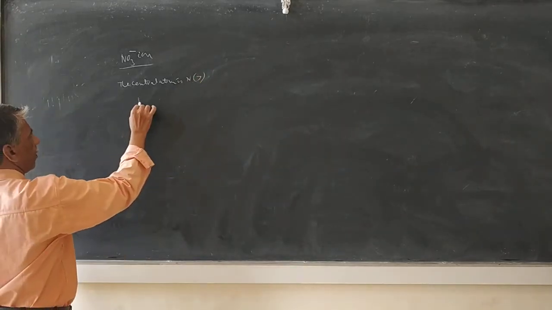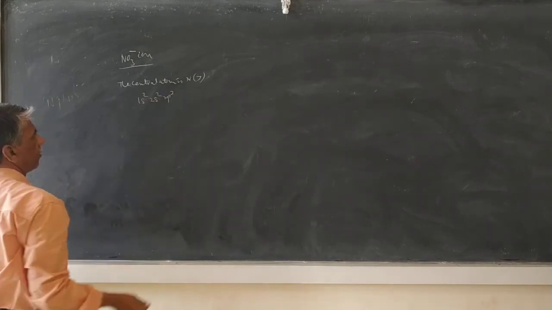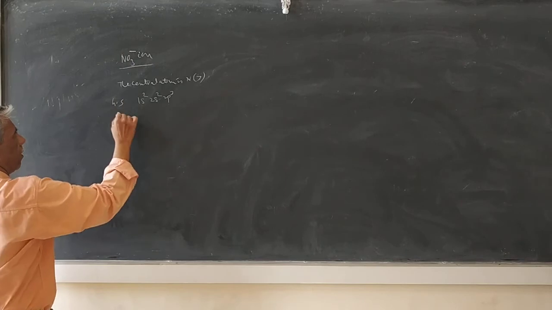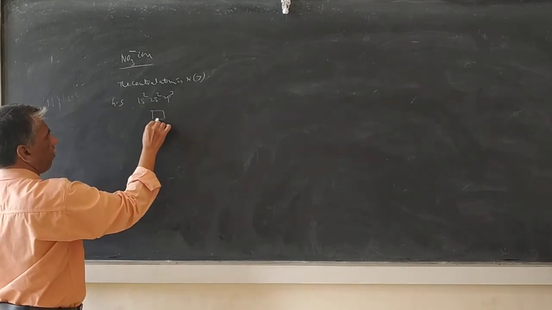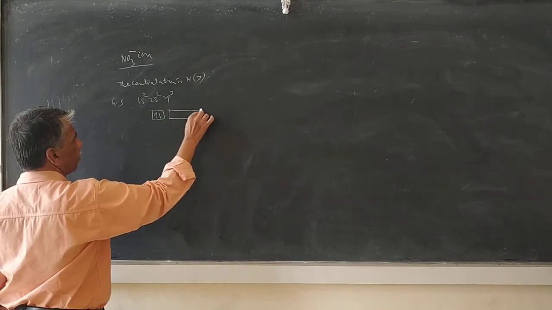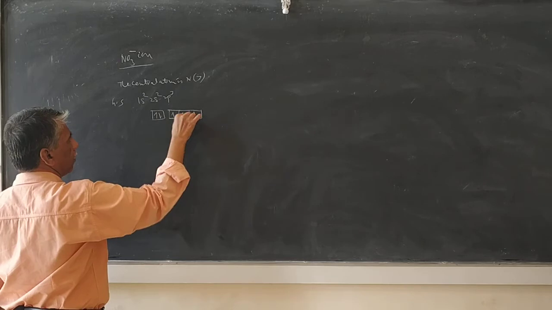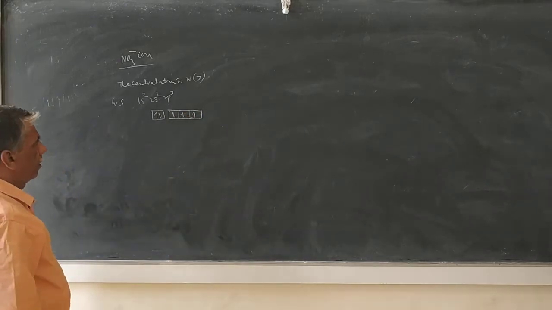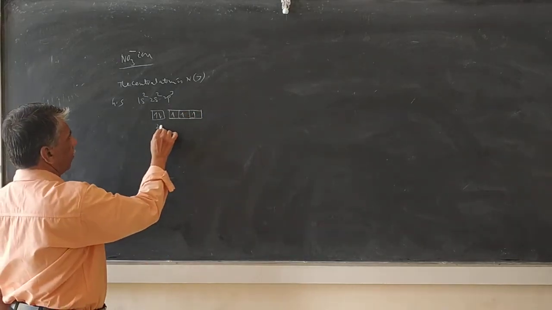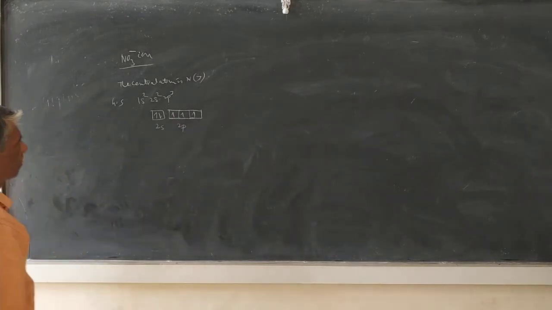Its configuration is 1s2, 2s2, 2p3. This is the ground state configuration. So you write it in the form of boxes. This is 2s2, this is 2p3. This is 2s, this is 2p.